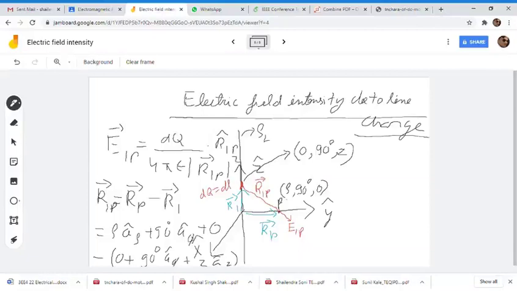Okay, so r1p will become rho a rho, the phi part will cancel out, minus z az.